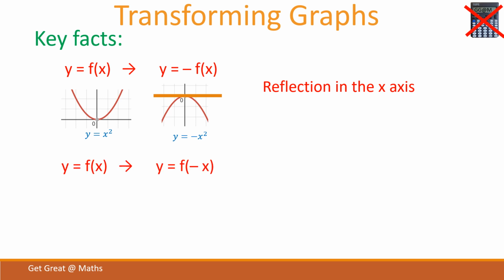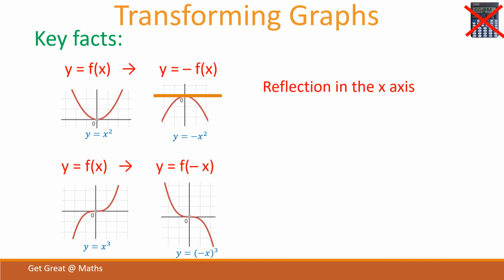The second one is y equals f of x goes to y equals f of minus x, where the minus x is in brackets. If I think of a graph of y equals x cubed and work this out with (minus x) cubed, the graph is reflected in the y-axis. Please write down these key facts and make sure you've highlighted them and you know them for your exam.